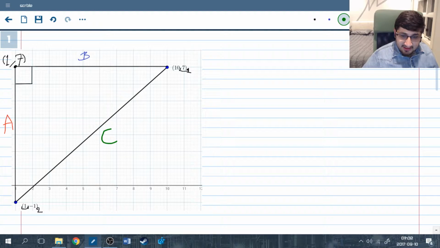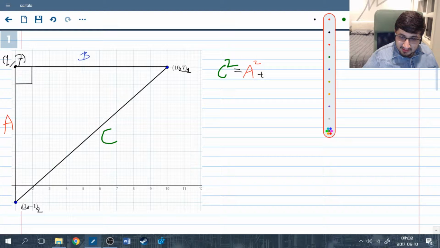We get that c squared is equal to a squared plus b squared.